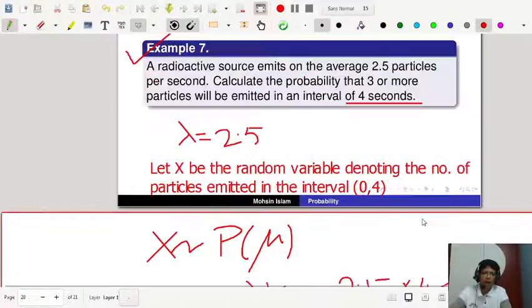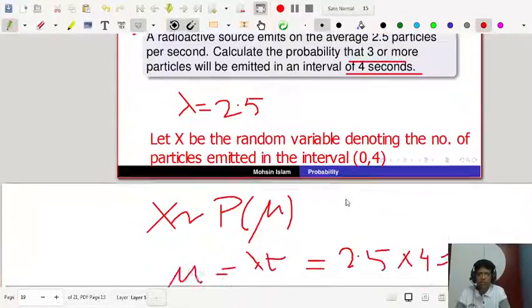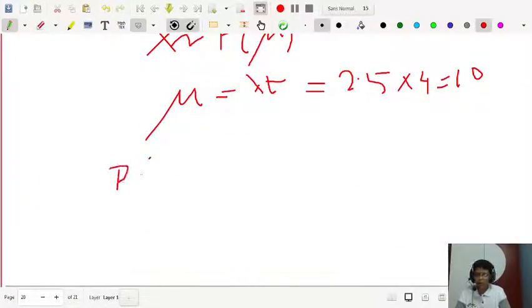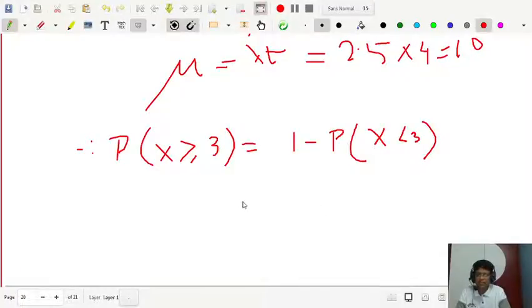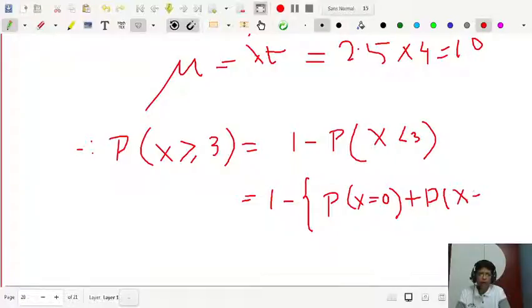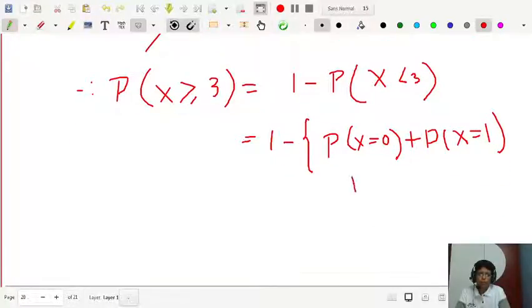Okay. Now you have to calculate the probability that 3 or more particles are emitted. So you have to calculate probability of X greater than or equal to 3, and that is equal to 1 minus probability of X less than 3, which is 1 minus the sum of probability of X equal to 0, plus probability of X equal to 1, plus probability of X equal to 2, right?